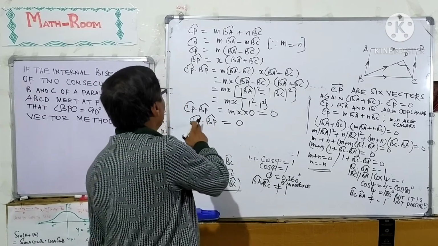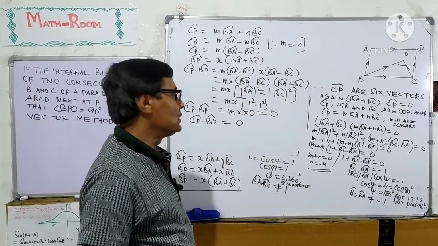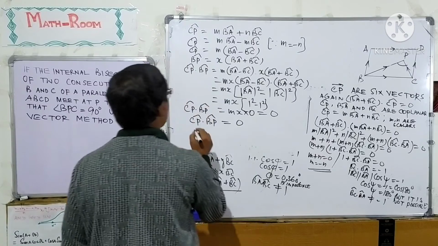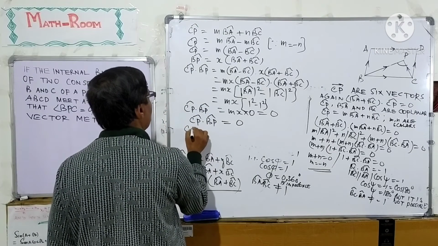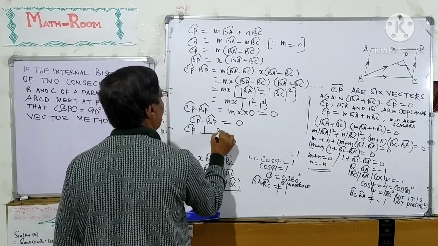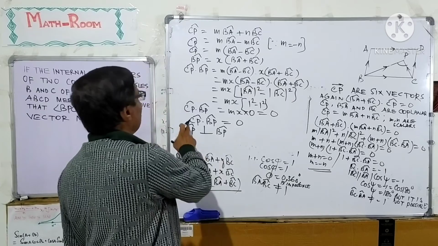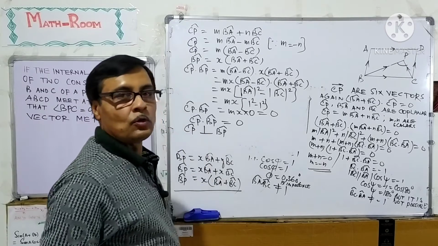So, the unit vectors CP and BP are mutually perpendicular. So, we can write CP cap is perpendicular to BP cap.